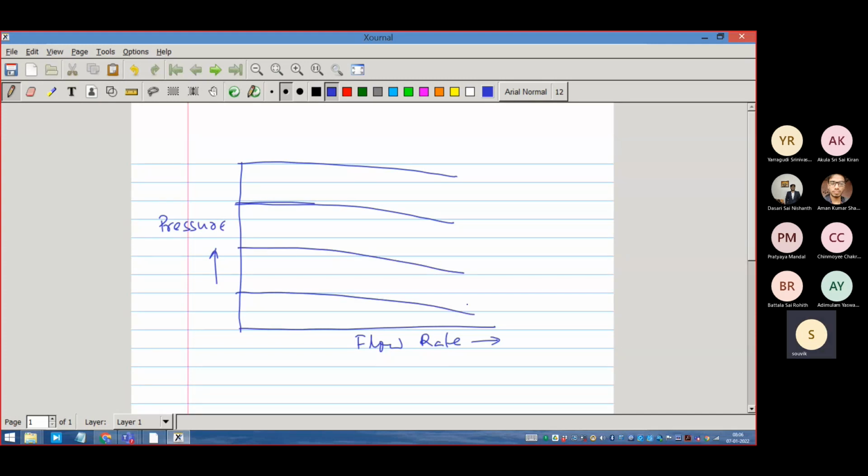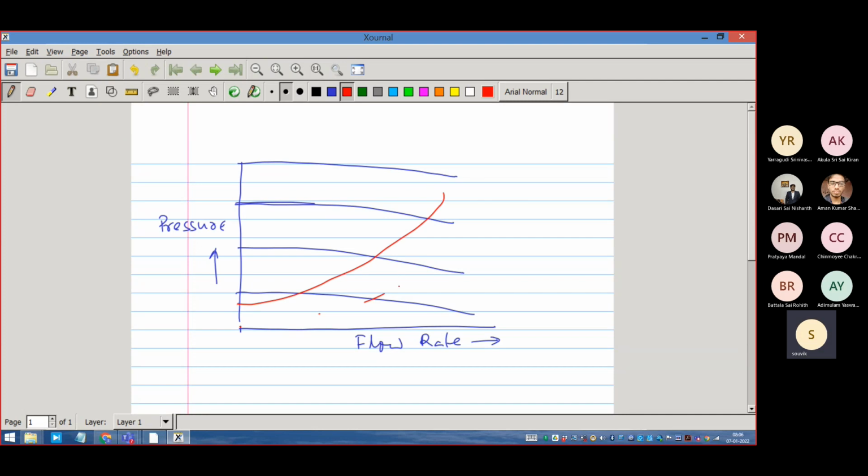Then your system characteristics, by that we mean the pipeline characteristics, should not be like that. I should have some DC shift. That is called static head. So let me start from here, and it has characteristics like this.